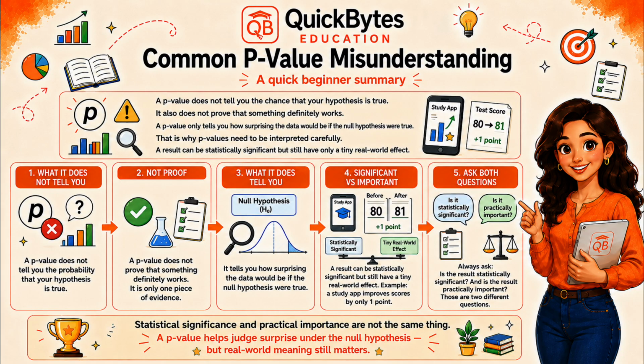For example, a result can be statistically significant but still have a tiny real-world effect. Maybe a study app improves scores by only 1 point. That might be statistically significant with enough data, but it may not be very meaningful in practice. So always ask, is the result statistically significant? And is the result practically important? Those are two different questions.